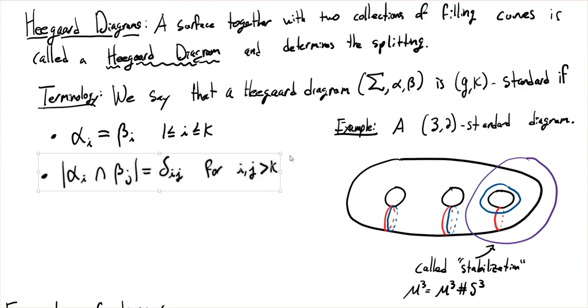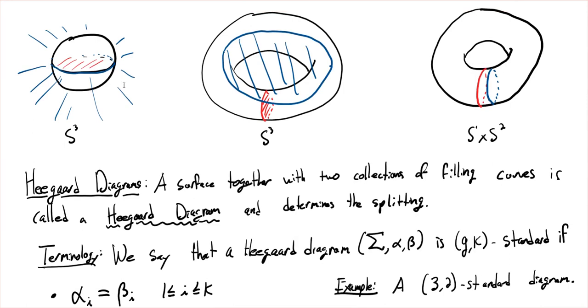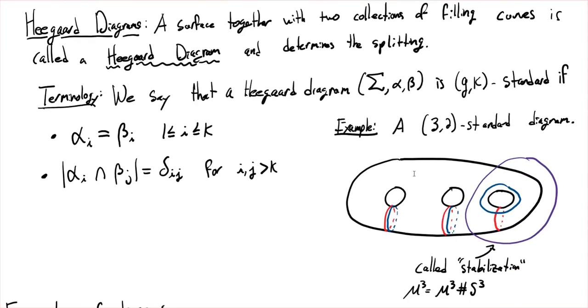These splittings are therefore the genus G splittings of K connect sum S1 cross S2. And the sphere with no curves on it up here is the unique genus 0 splitting of S3. Anytime you see this instance of dual curves, that's what we call a stabilization.